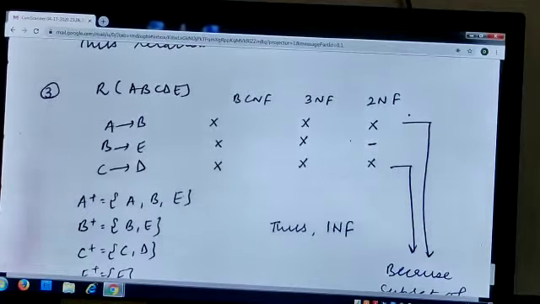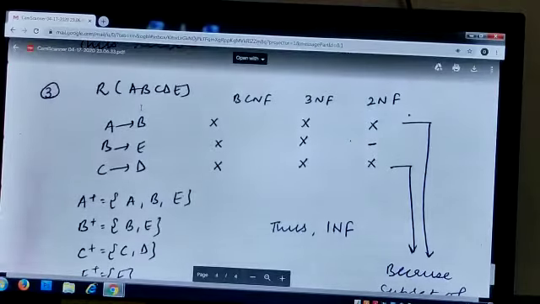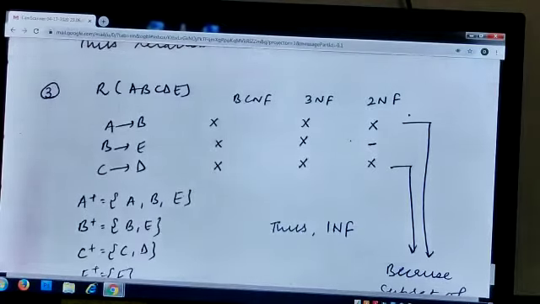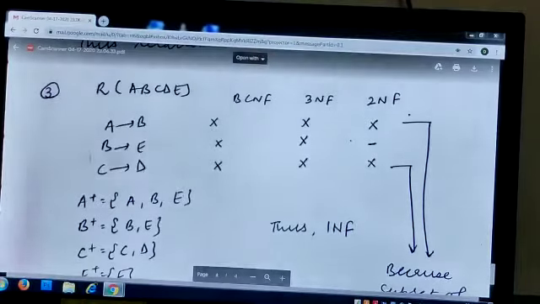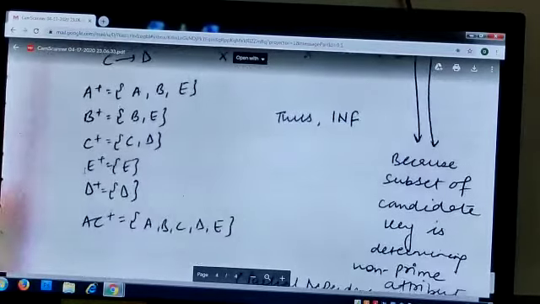B is dependent on AC, and E is already dependent on B, so E will be dependent on AC. If I add A to C to D, it becomes AC to AD, which means D is also dependent on AC. In short, by applying all the Armstrong axioms, I can conclude that AC is the candidate key.